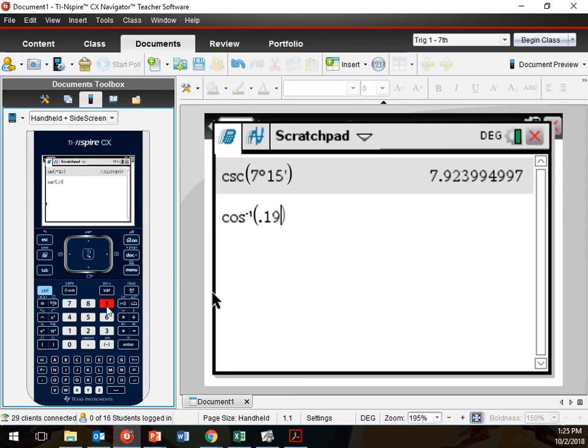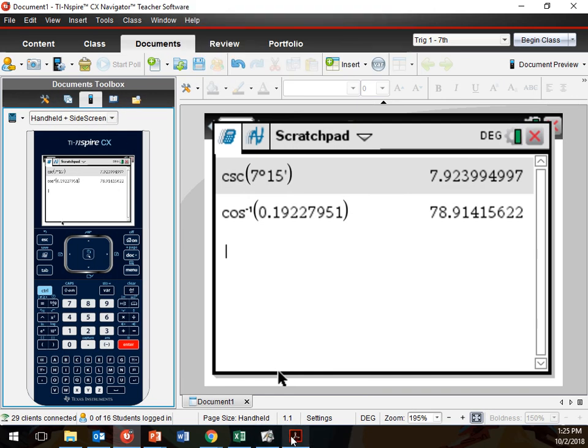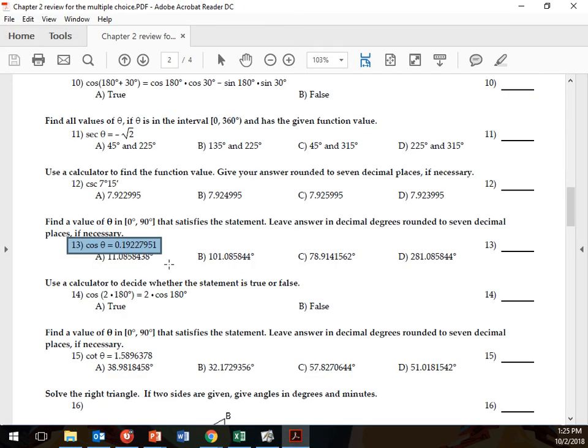We gotta put the whole thing in. Enter. 78.914. Okay, let's take a look. My only answer is going to be C, right?